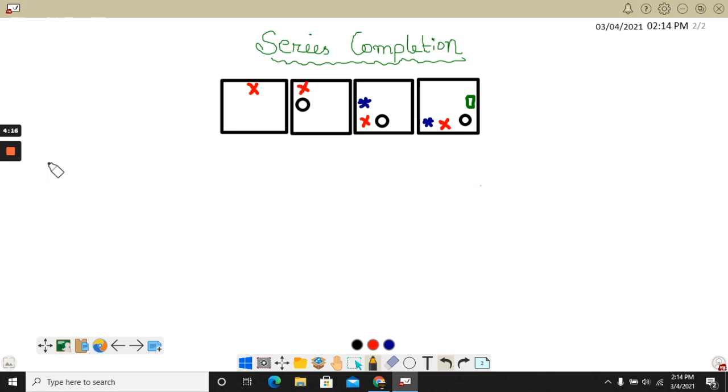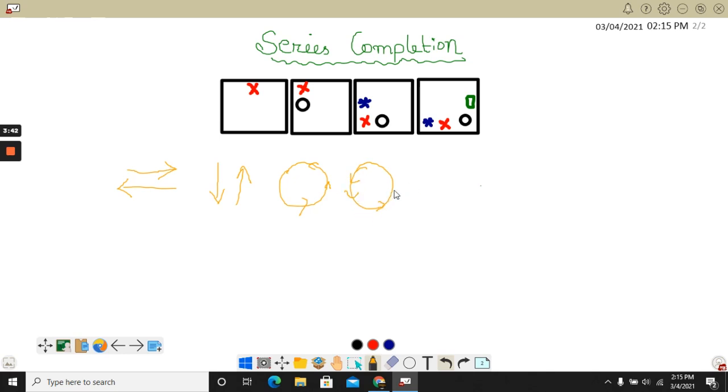Now in this type of question, basically you have to study the figure. When you study the figure, you have to see whether the figure is moving rightward or leftward. You have to see the sequence. Now you can see that it is moving downward or outward. Sometimes it is moving in clockwise, that means in this way, and sometimes it is reverse, which is called anti-clockwise.